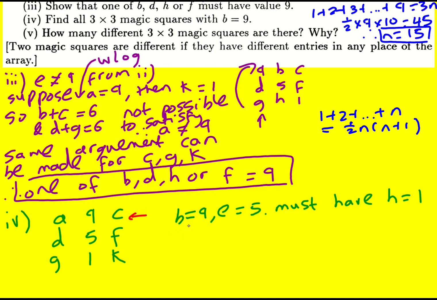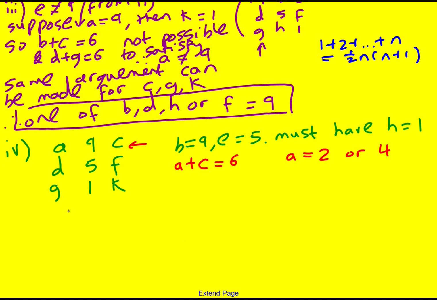Now let's look along this row. So A plus C must equal 6, and therefore A is going to equal 2 or 4, because we can't use 1 and 5, and it can't equal 3, because we can't use 3 twice. So let's look at those two situations.